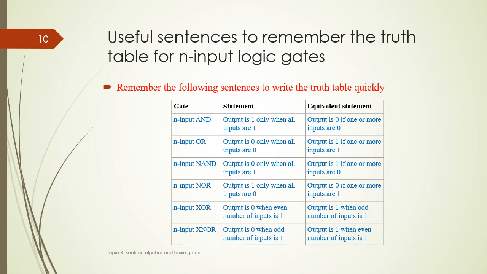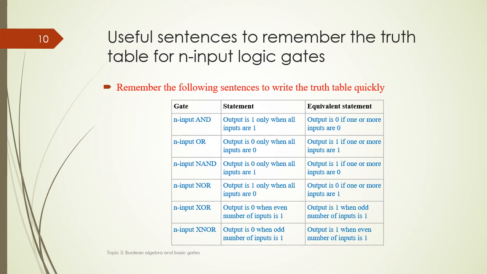For AND, OR, NAND, NOR, they are pretty easy to remember. For example, for n input NAND gate, because it's the opposite of AND, we know that the output is 0 only when all inputs are 1. Or you can describe it in another way. The output will be 1 if 1 or more inputs are 0.